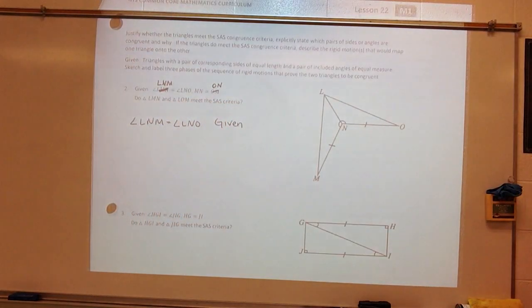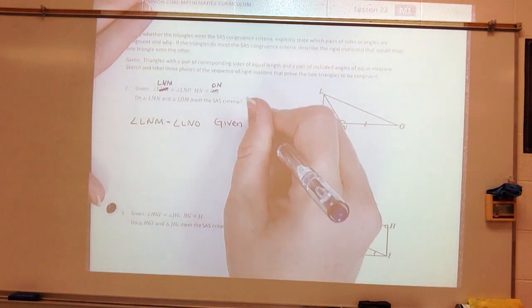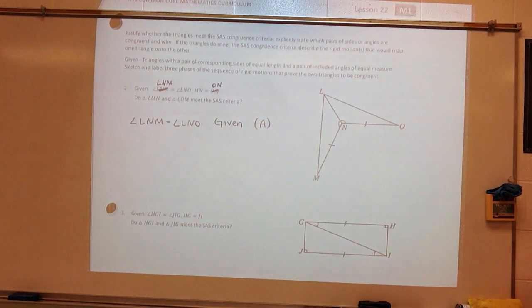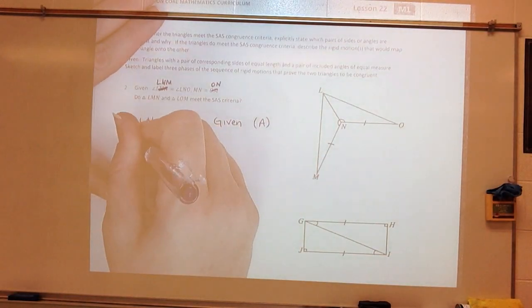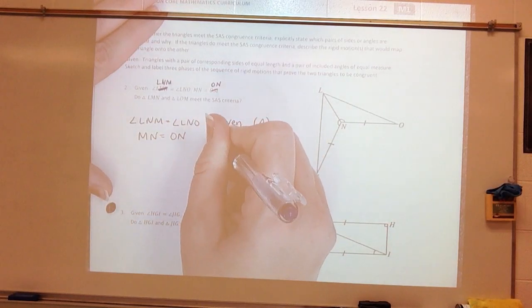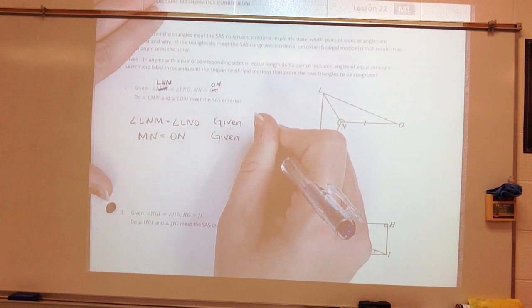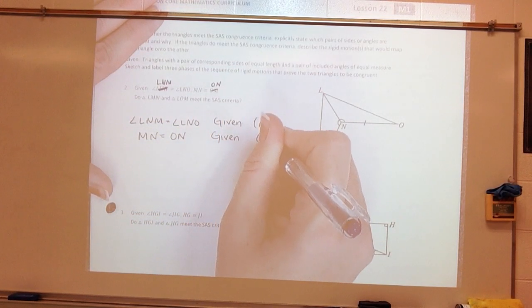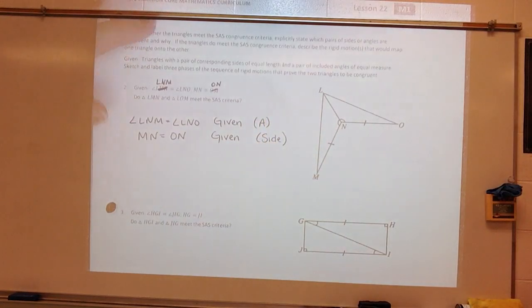Okay, so there is an angle. I'm going to put an angle there, just so I can keep up with it. I am given that MN is equal to ON. That is given. That is a side.